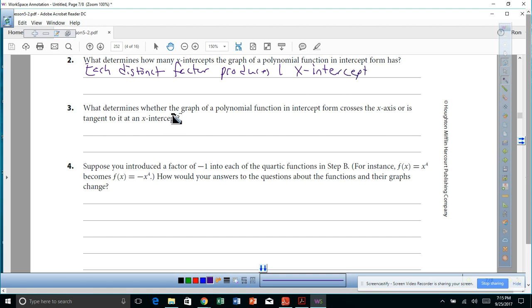What determines whether the graph of a polynomial function in intercept form crosses the x-axis or is tangent to it at an x-intercept?